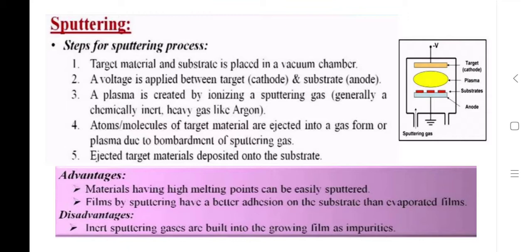The disadvantage is that inert sputtering gases are built into the growing film as an impurity, so it can create certain kinds of impurities too. But overall, the sputtering technique is good, cheap, and less time consuming.